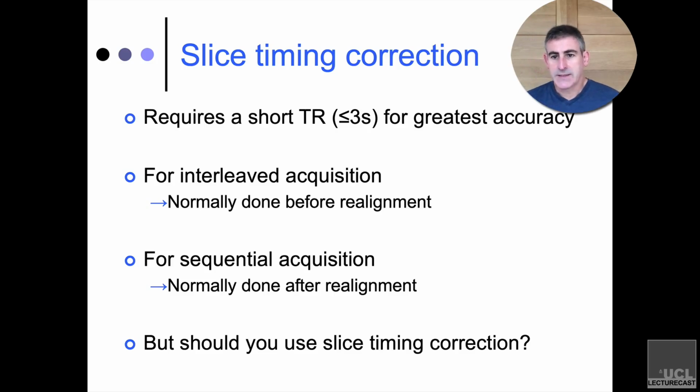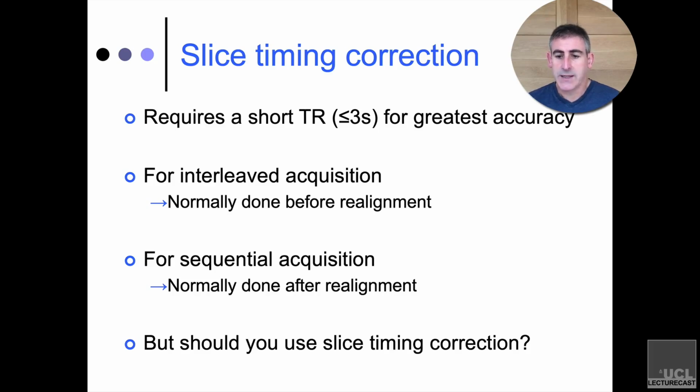There are different consequences to slice timing correction depending on whether it's an ascending or descending sequence versus an interleaved sequence. But there are a couple of things they have in common. The first is that it does require a short TR to be a sensible thing. The longer the repetition time, the more space you have to get your interpolation wrong. So short TRs, 3 seconds or less, are best if you're going to do slice timing correction.